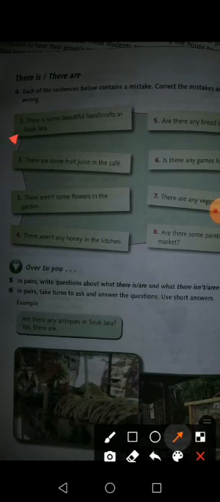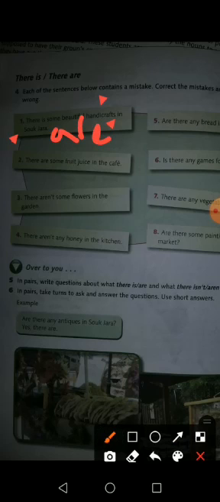There is what? Handicrafts, plural or singular? It is plural, so here you have to use "are," not "is," okay?